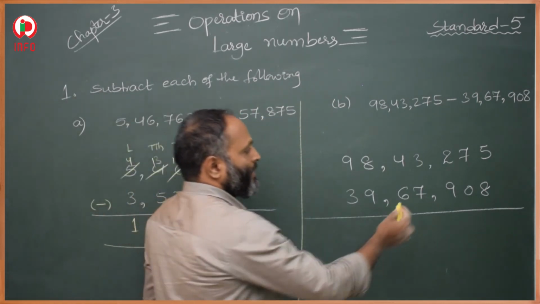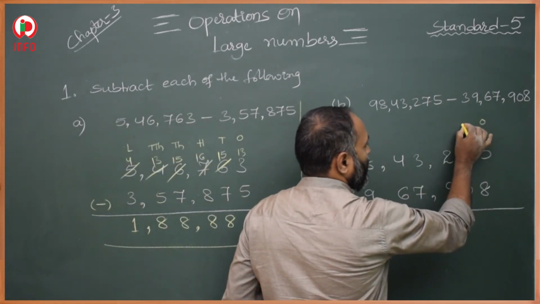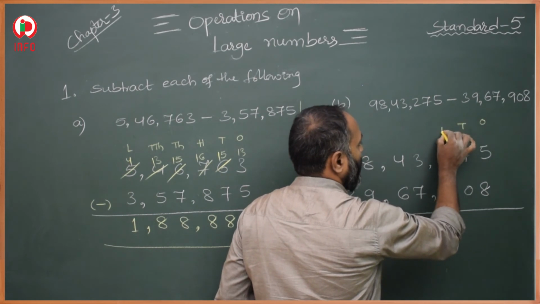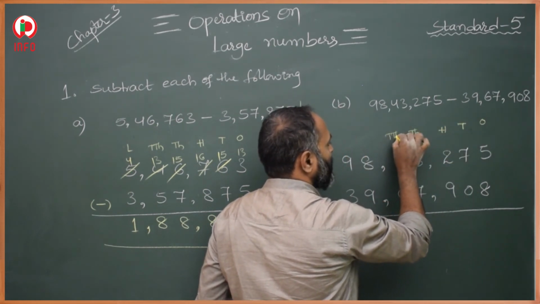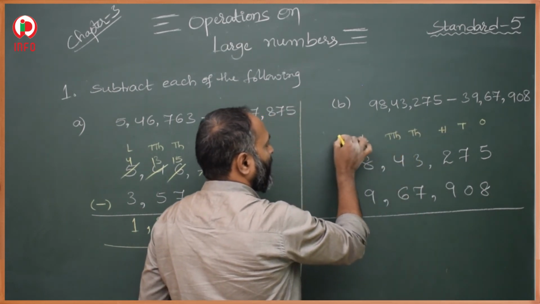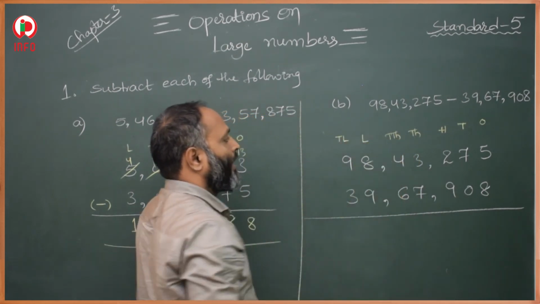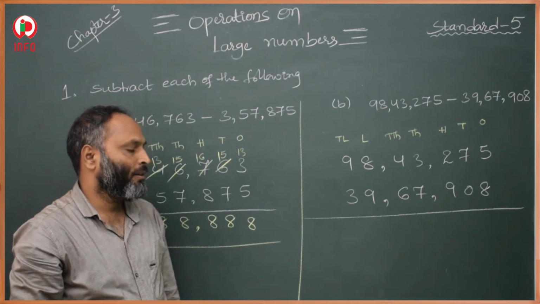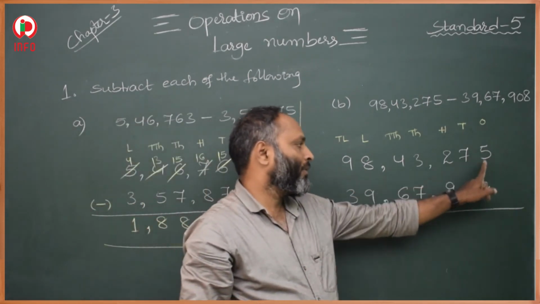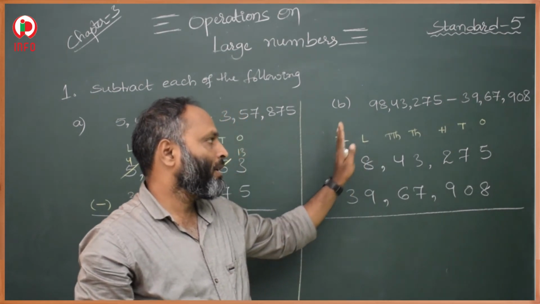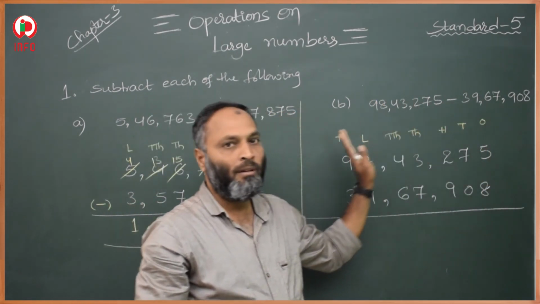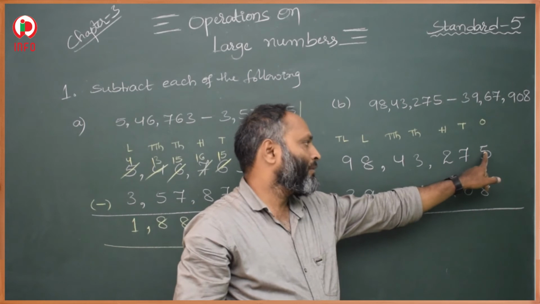Then the place values: ones, tens, hundreds, thousands, 10,000s, lakh, 10 lakh. Now here 5 and 8. It starts from ones up to 10 lakh, which means we move from right to left. We start from here with 5 and 8.